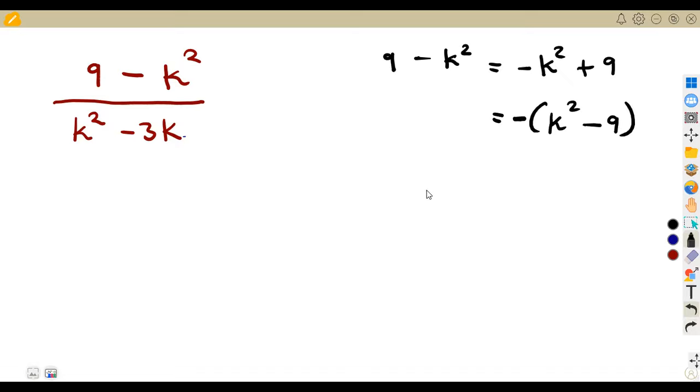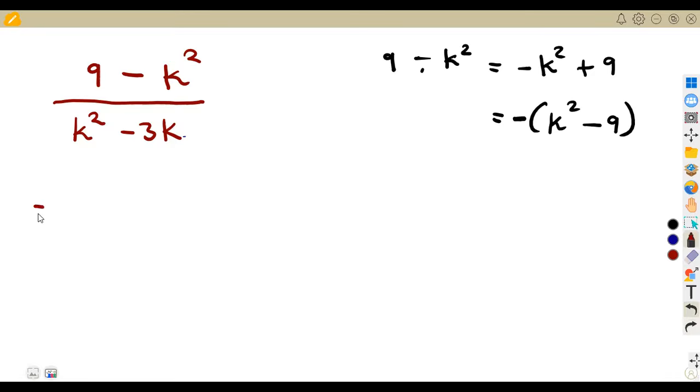So it means, guys, the 9 minus k squared that we are seeing here can be written this way. Please do not confuse yourself, please. I just want to start with the k squared and also to have it as a positive, not as a negative. So I want you to see now, the advantage.